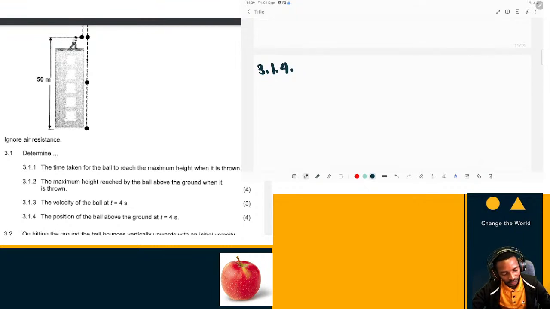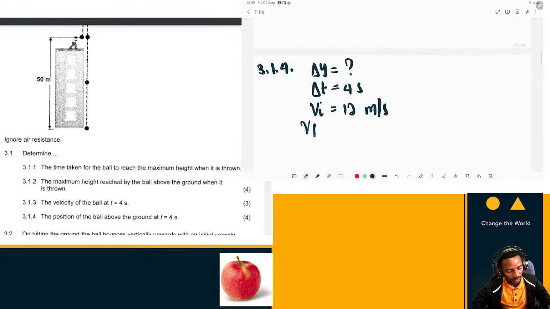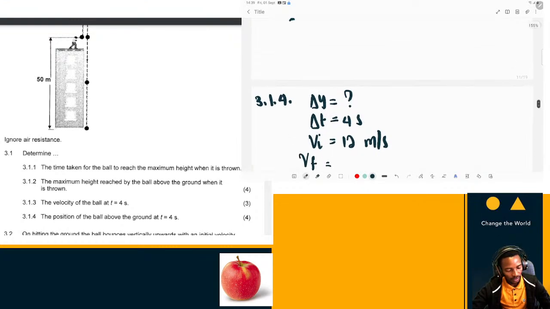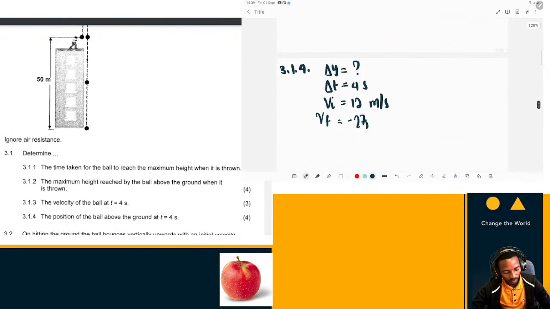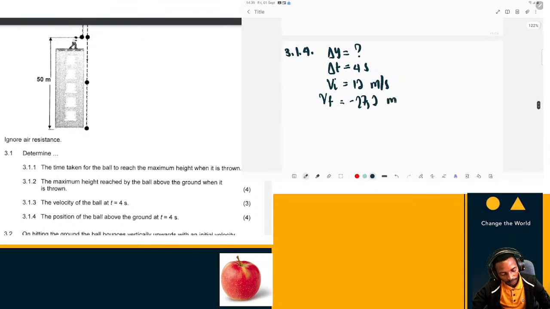So again, we need to collect our data. Okay, so delta y is the one that we're looking for. Delta t is 4 seconds. V initial is 12 meters per second. So V final is minus 27.2 meters per second.